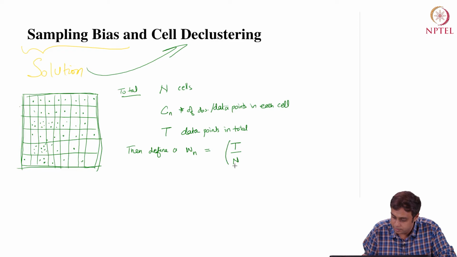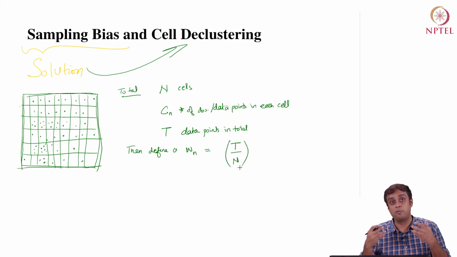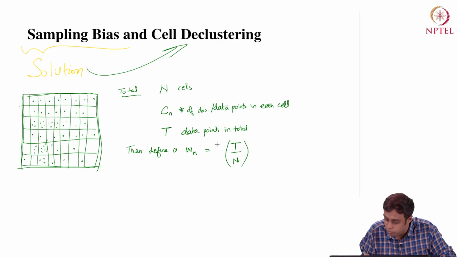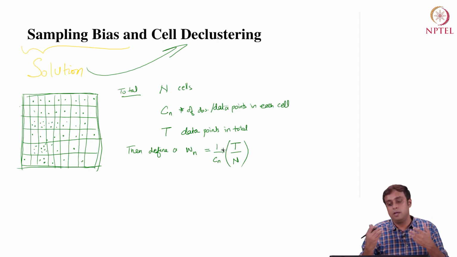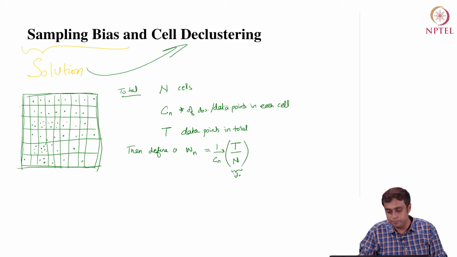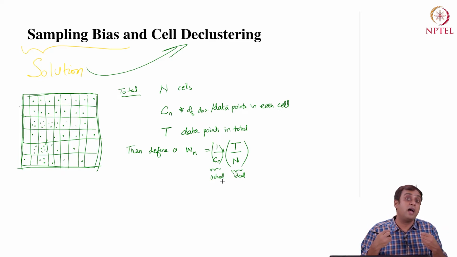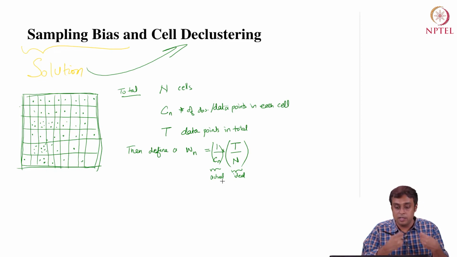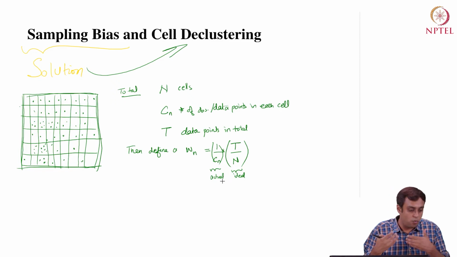over n. So, this is the total number of observations per cell that I should expect if the data were uniformly distributed. And this is going to be now weighed by the number of observations that I actually observe. Okay. So, this is the ideal, this is actual, right. This provides me a weight that if I apply to each observation in the cell, then I will get a declustered value.